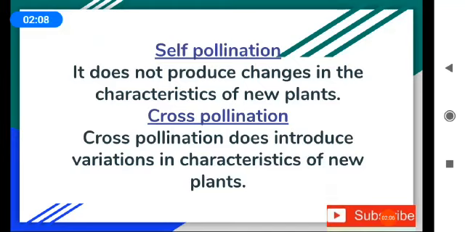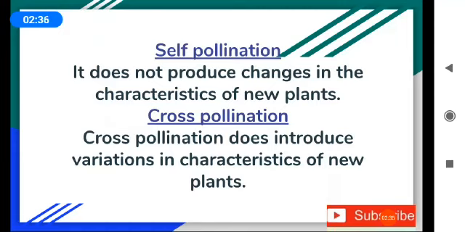Self-pollination does not produce changes in the characteristics of new plants. Cross-pollination does introduce variations in characteristics of new plants. Self-pollination does not produce changes in the characteristics of the new plants because in self-pollination only one kind of plant is involved.